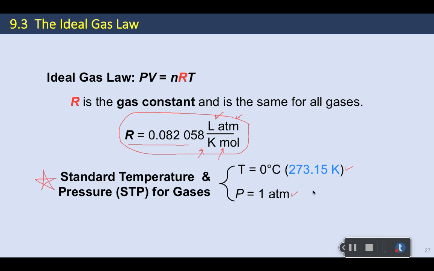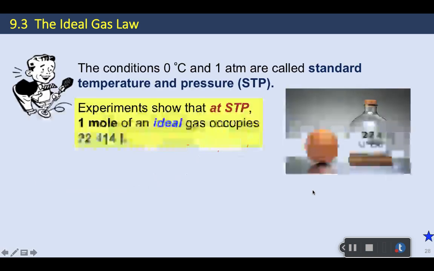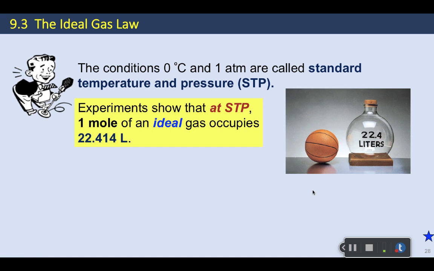And so those two things are defined as standard temperature and pressure. It gives us a convenient way of relating different sets of conditions for different gases. So the conditions of 0 Celsius and 1 atmosphere are described as standard temperature and pressure, or STP, and experimental data will show us that at STP, 1 mole of an ideal gas gives a volume of 22.4 liters.